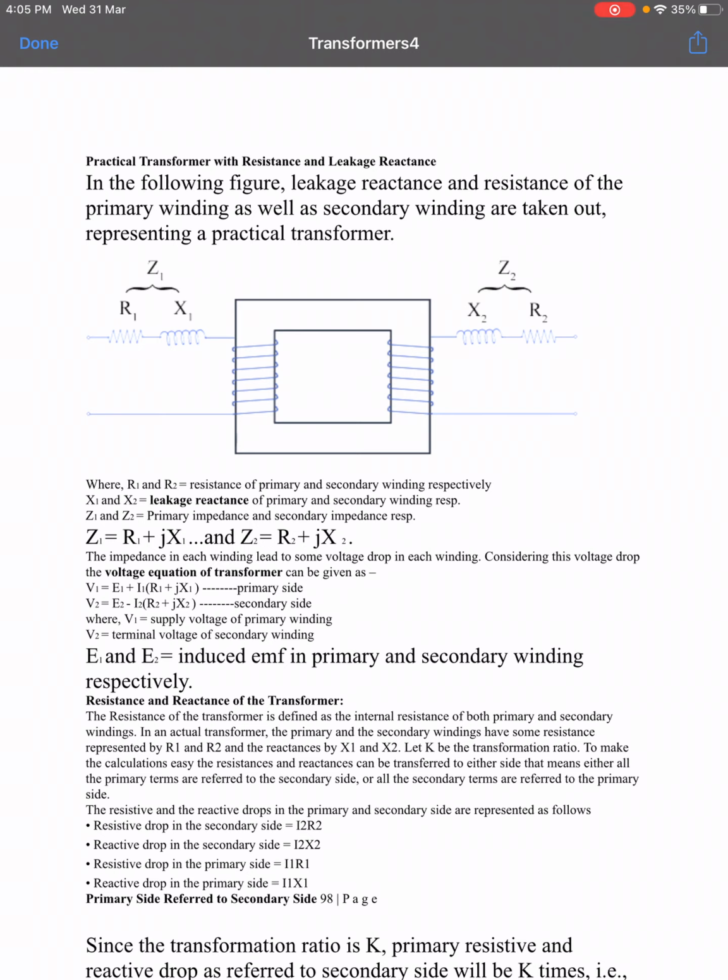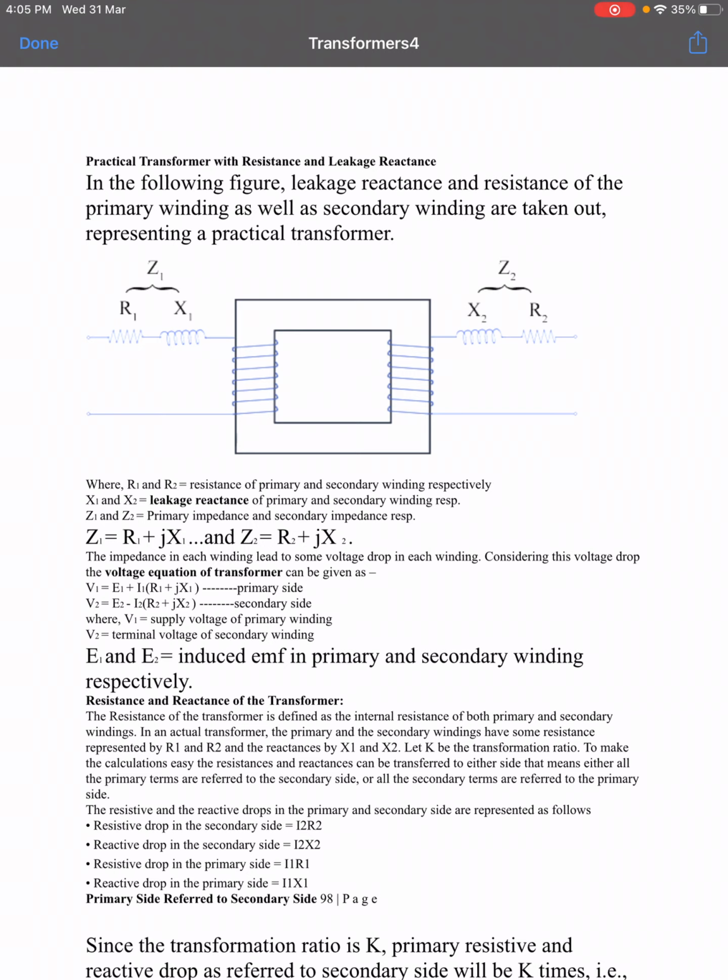So we have resistance and reactance of the transformer. The resistance of the transformer is defined as the internal resistance of both the primary and secondary windings. In an actual transformer the primary and secondary windings have some resistance, represented by R1 and R2.